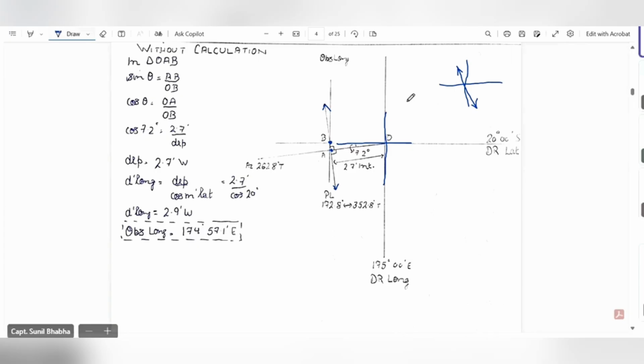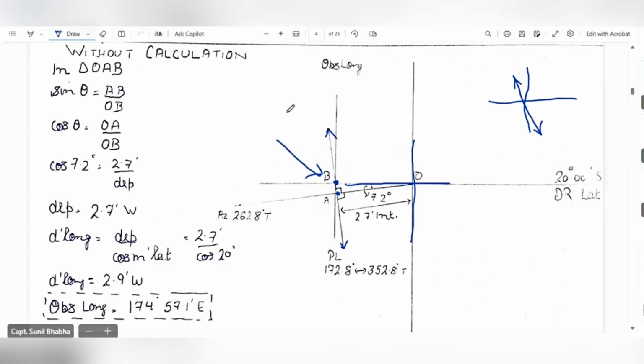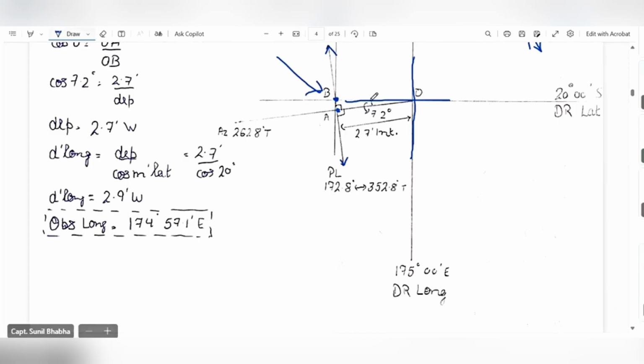Yes, sir. So if we had used the long by Cron method, we would have obtained point Bravo. The position line where it cuts the DR lat becomes the observed long. Yes, that is correct, beta. So now we have to find out the longitude of point Bravo.